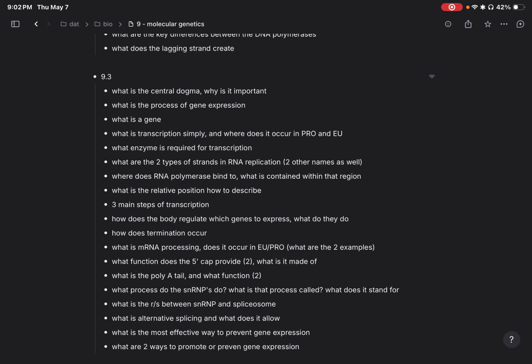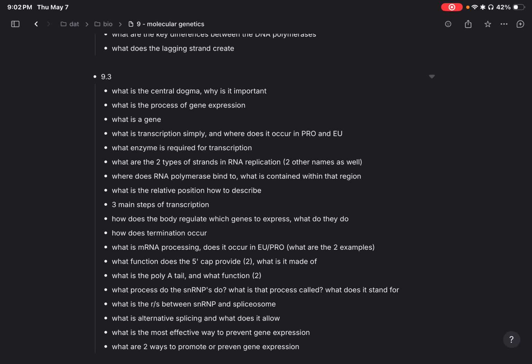Let me just make sure, because this is looking kind of rough. Process by which pre-mRNA is modified before translation into a protein product. So what does the 5' cap provide? Provides stability, and it provides an easier way to attach to the ribosome. What is it made of? It's made of a modified guanine, I believe. Yeah, GPPP.